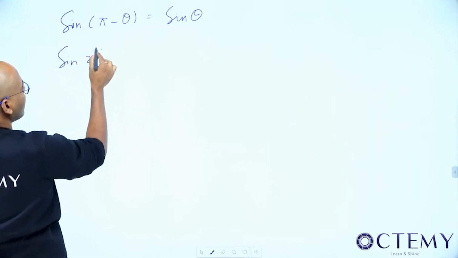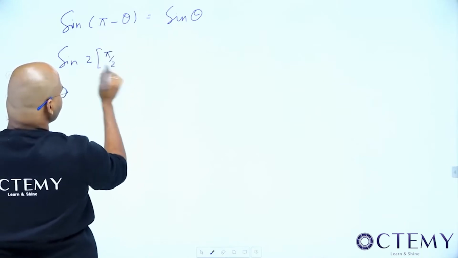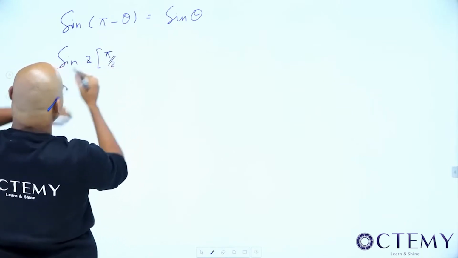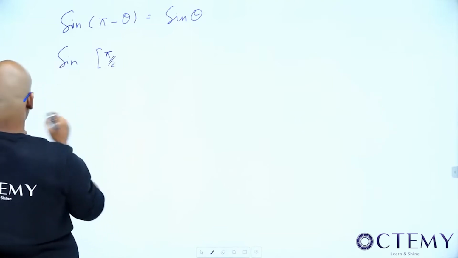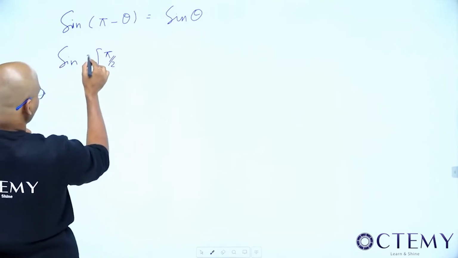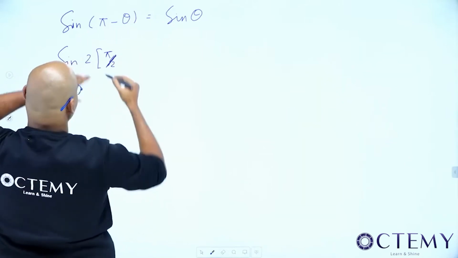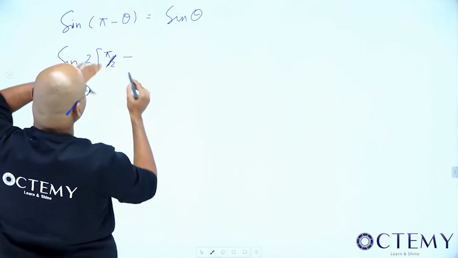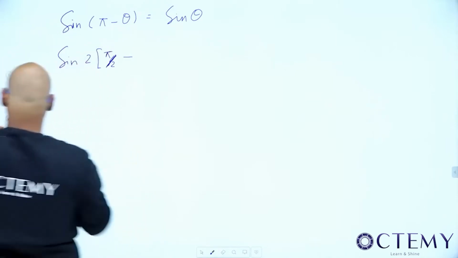If I take 2 common, 2 pi will become pi by 2. If I multiply inside again, 2 will get cancelled. I'm left with 2 into pi by 2 minus, one small change. One sec.